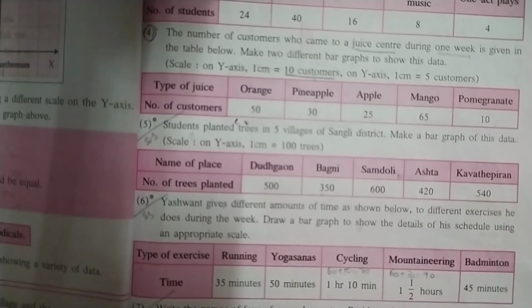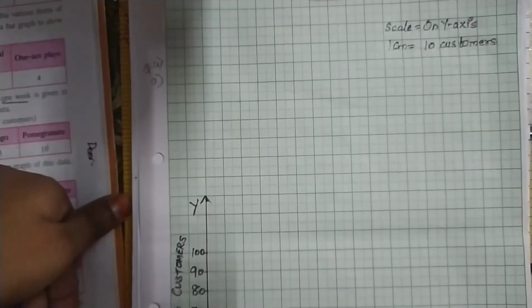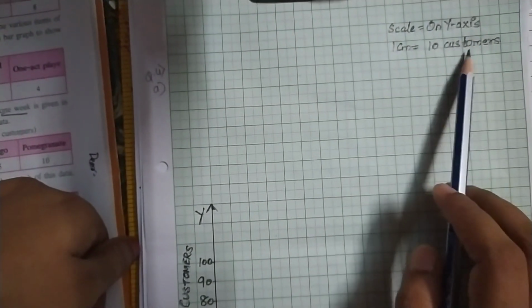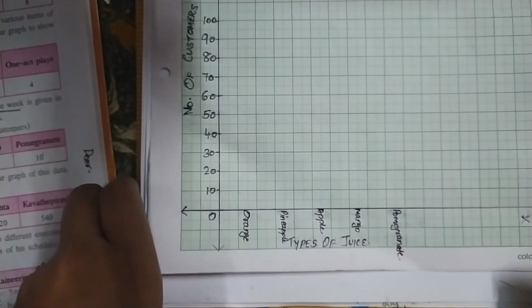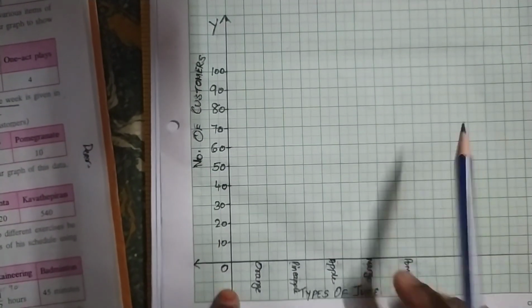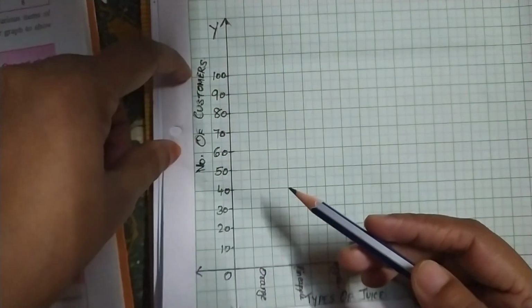So let us draw the bar graph now. Now this is the bar graph. The scale on y-axis is 1 centimeter equals 10 customers. And here I have drawn the x-axis and the y-axis. The origin 0. The types of juice and number of customers are written.